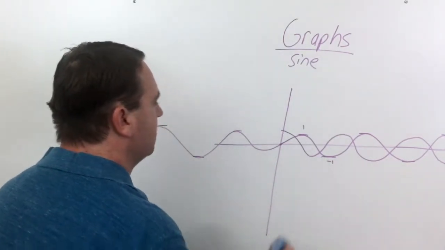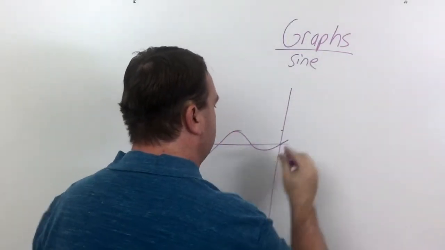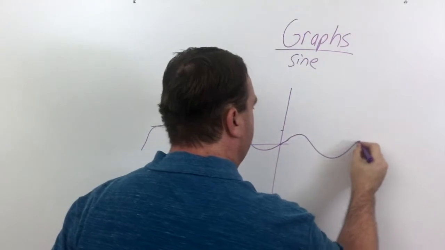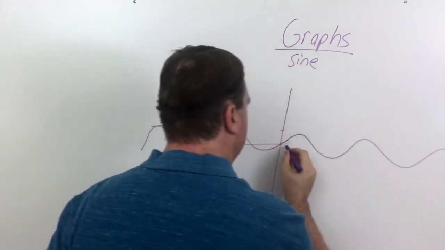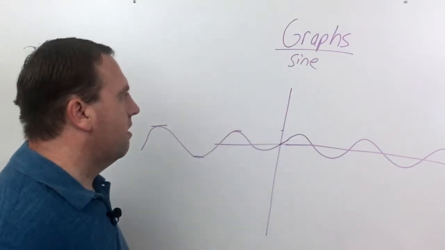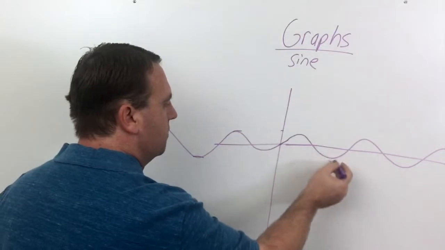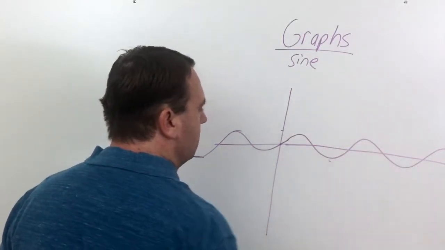Now the interesting thing about sine and cosine, so you can see that on sine, for every x value, there's only one y value.